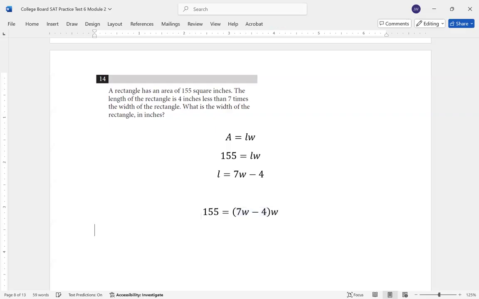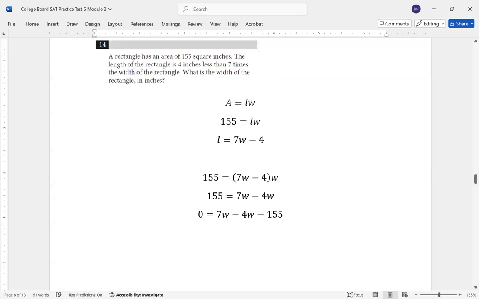That's the substitution process. And then we just solve this equation. 155 is equal to 7W times W minus 4W. And then I'd probably subtract 155 from both sides.